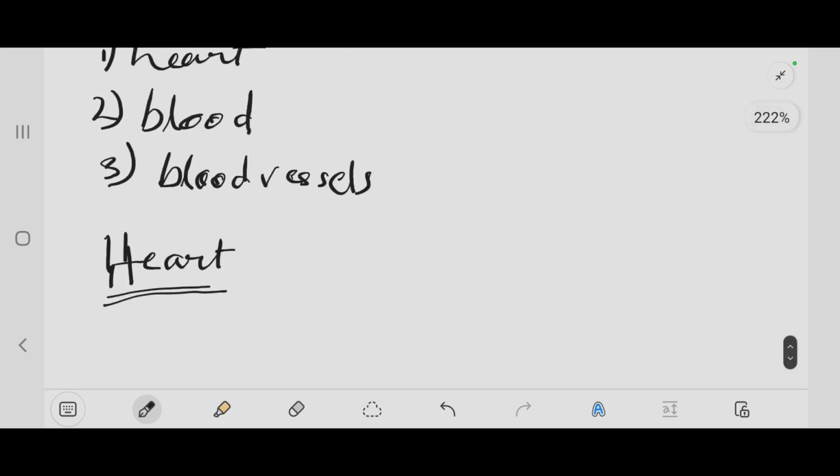What about blood vessels? Blood vessels are like roads that blood travels through. There are three main types. Arteries carry blood away from the heart.